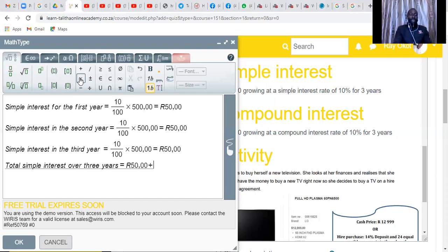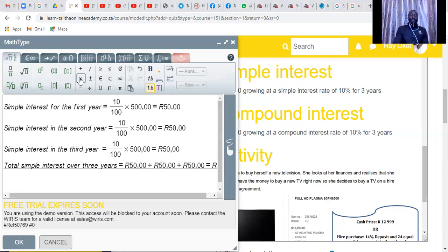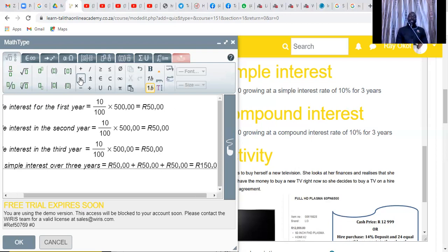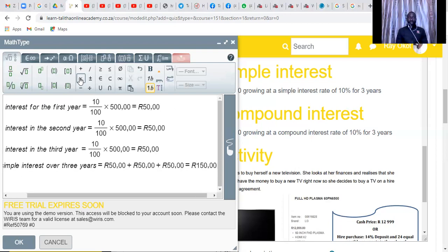We add that to the simple interest for the second year, which is also 50, plus the simple interest for the third year. How much is that going to be? Well, that is the simple interest over a period of 3 years.